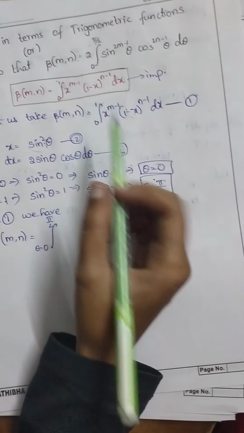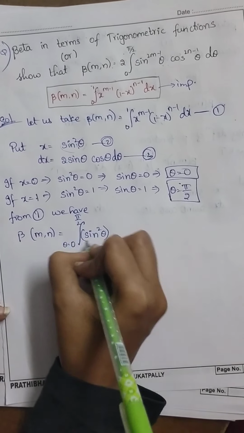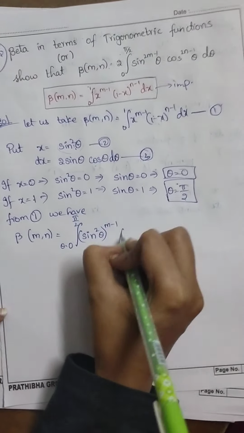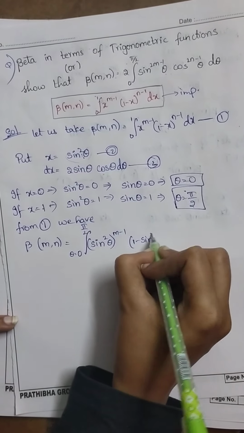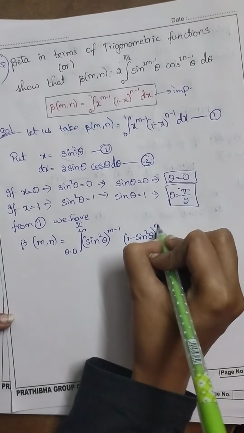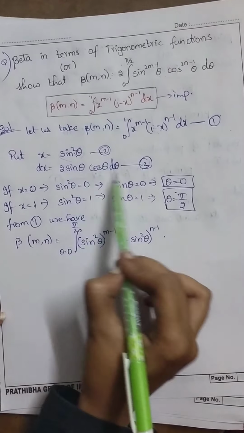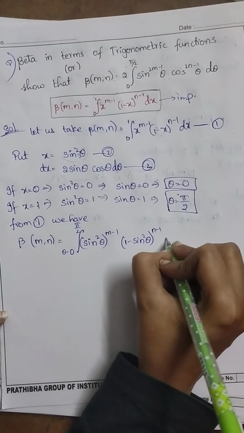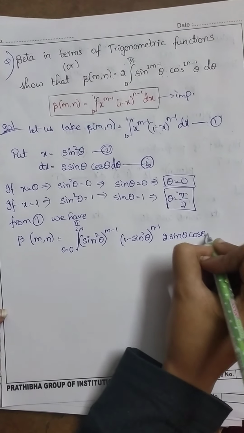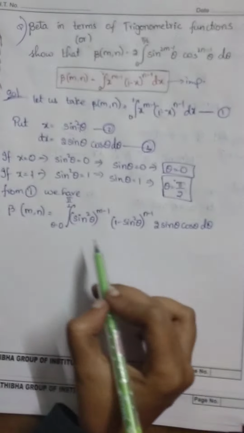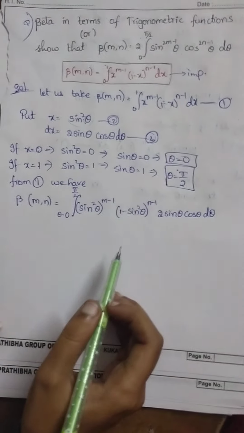Now substitute x as sin square theta: (sin square theta) whole power m minus 1 into, now 1 minus x, that is (1 minus sin square theta) whole power n minus 1. Now the dx value is 2 sin theta cos theta d theta. So we got this equation from equations 1, 2 and 3.